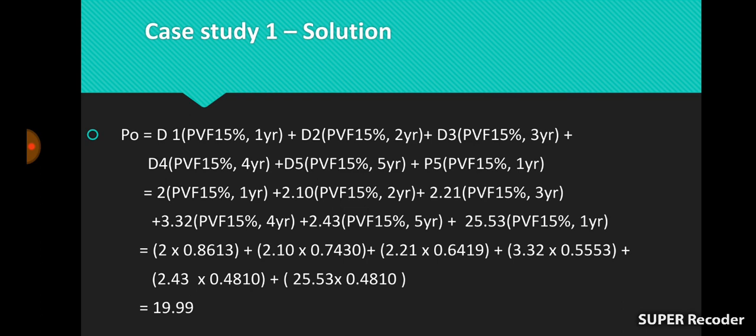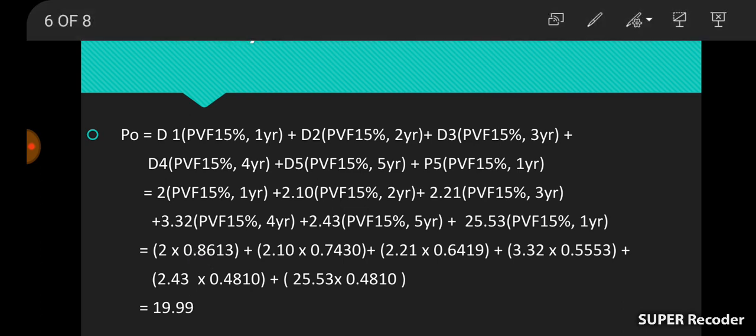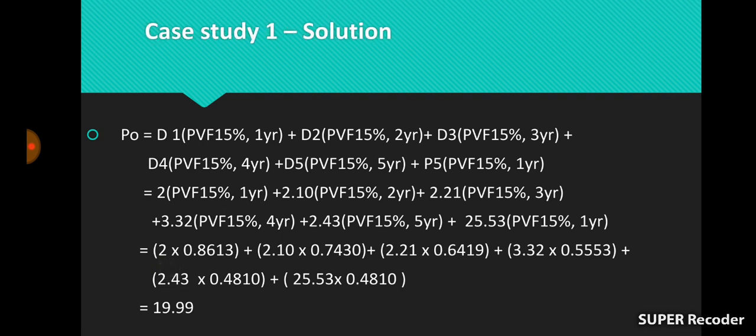The first year's present value factor at the rate of 15% is 0.8613. So 2 into 0.8613, plus 2.10 into 0.7430, plus 2.21 into 0.6419, plus 3.32 into 0.5553, plus 2.43 into 0.4810, plus in the last year we also get the selling price, that is 25.53 into 0.4810. That's equal to 19.99 as the intrinsic value of the share in this case.